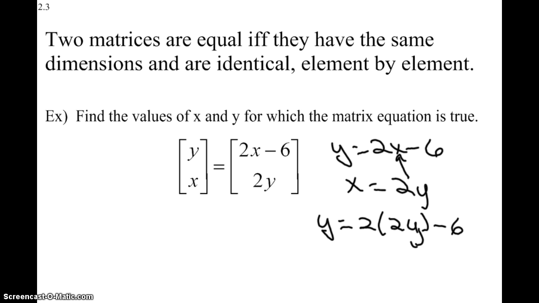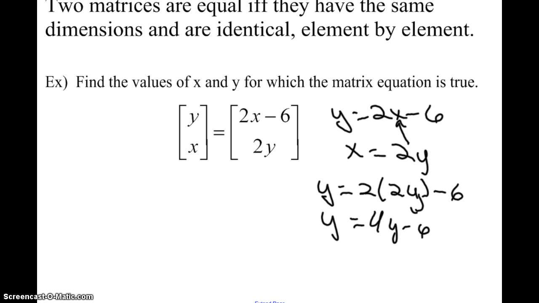So as I solve that, y is equal to 4y minus 6. And as I finish that up, we get negative 3y is equal to negative 6, and y is equal to 2. If we know y is 2, I plug that back in up here.